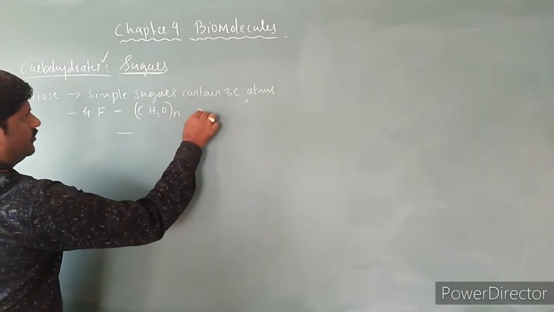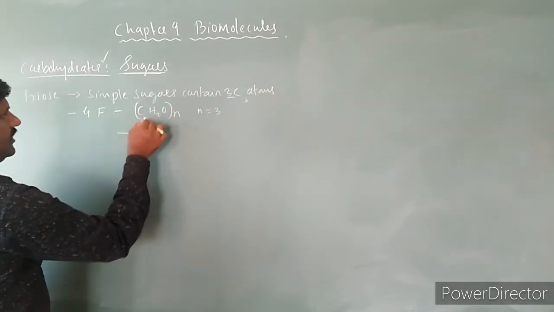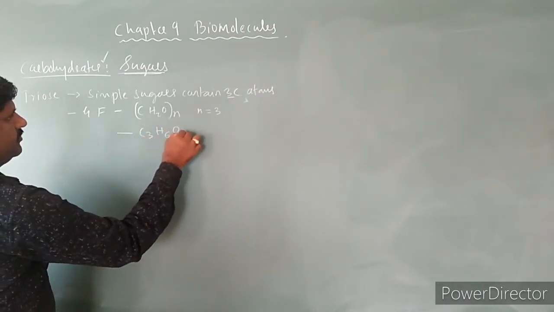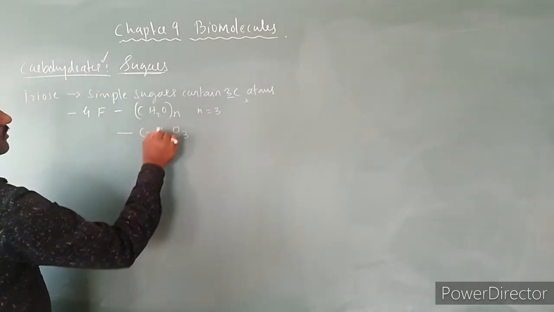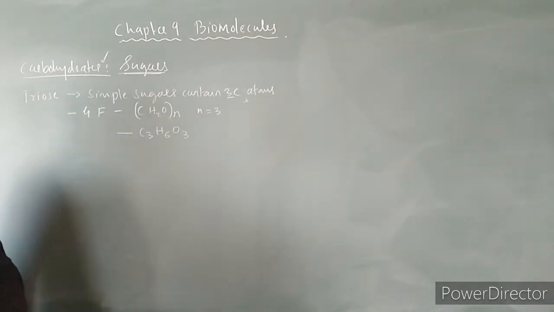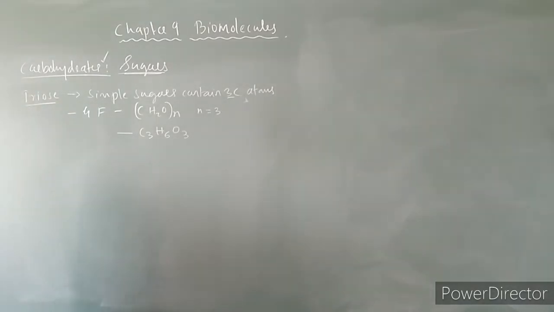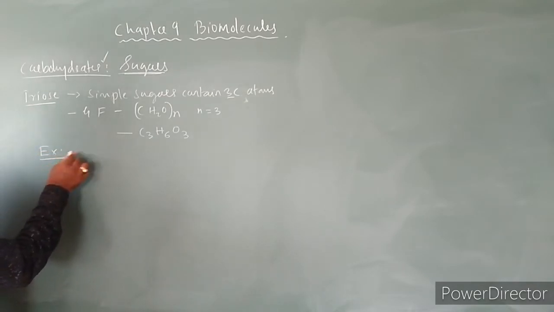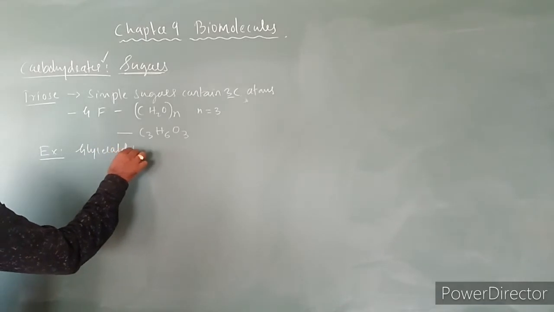If n equals 3, then it is C3H6O3. This is the formula of triose. The best example for this one is glyceraldehyde.